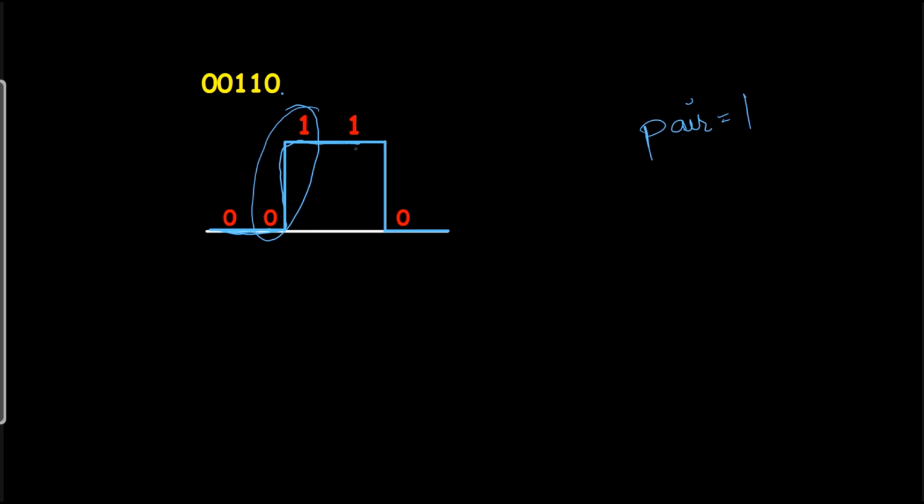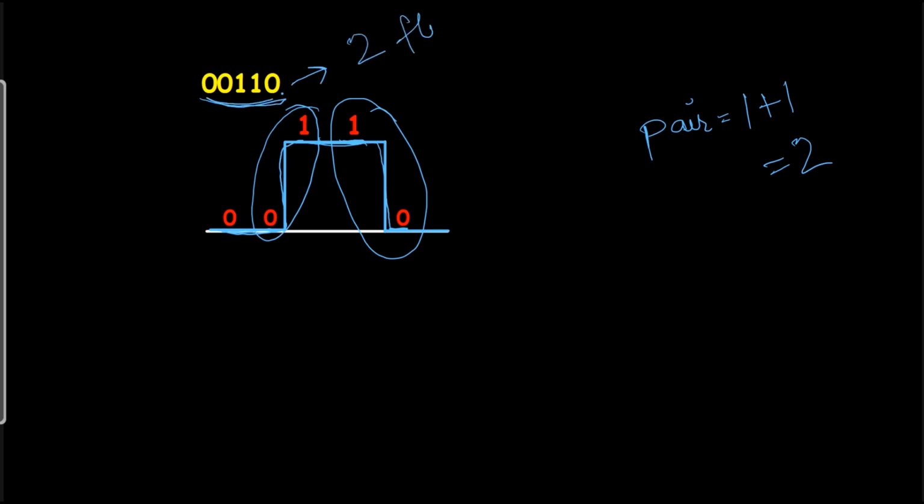And then when it reaches the other 1, there was no transition. Again, when it goes to 0, I got my second pair. So 1 plus 1 is equal to 2. So in this binary number, there were 2 flips: first 0 to 1 and then 1 to 0.